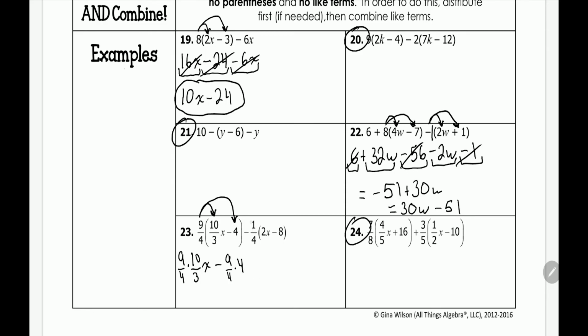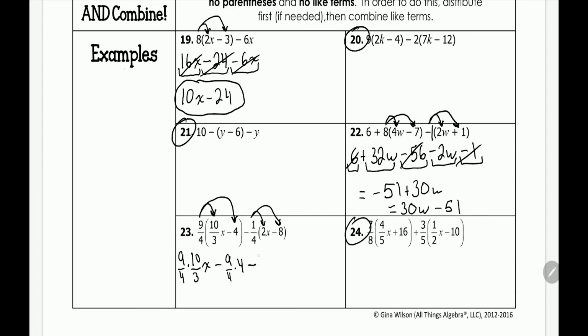Alright. Then we're going to have this guy minus, let's distribute this negative 1/4. So we're going to distribute this negative 1/4 onto the 2x and onto the negative 8.